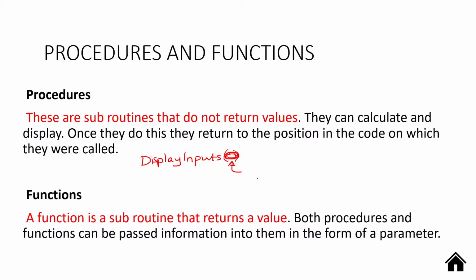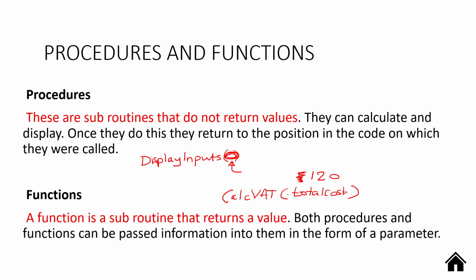So for example, if I was going to write a function to return a value, I might call my function calculate the VAT. And in the brackets, I could put the total cost. So let's say my total cost was £120. £120 goes in.